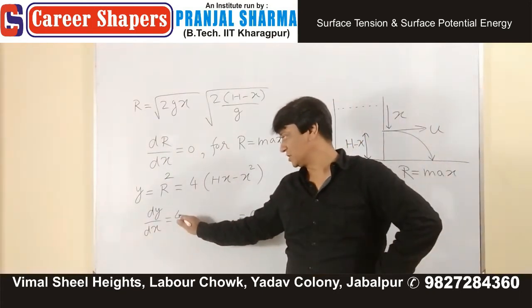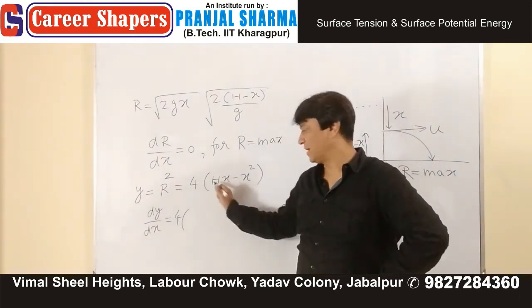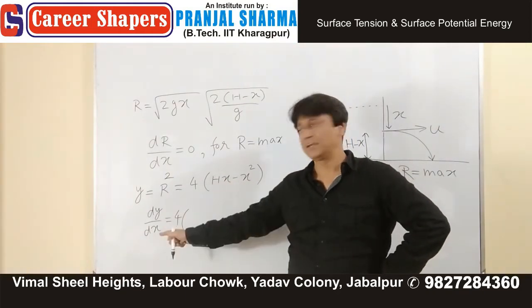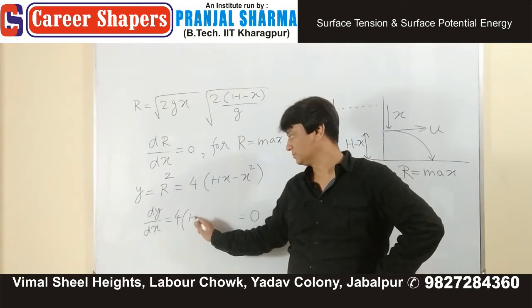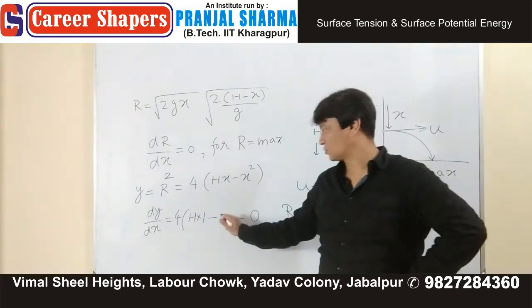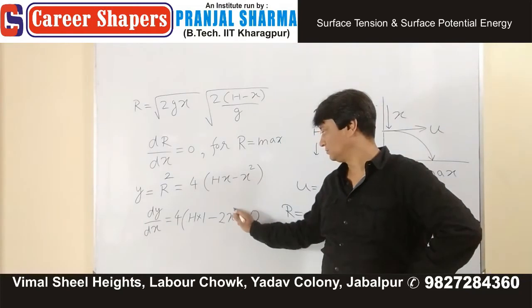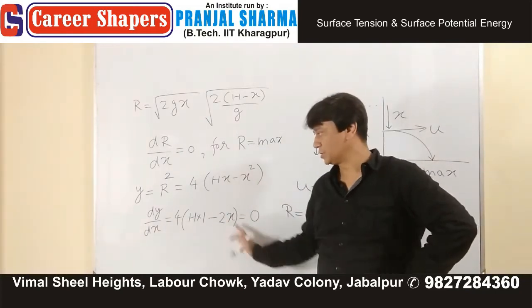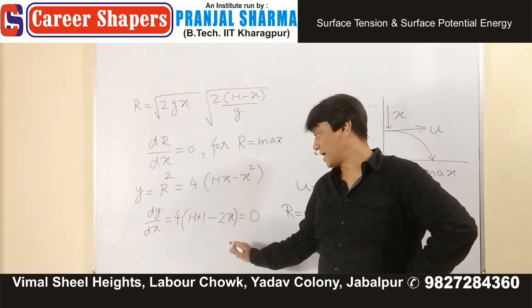Let's differentiate this part. What is differentiation of hx? H is a constant. Differentiation of x with respect to x is what? 1. So you got h into 1. Differentiation of x square is what? 2x. And when is this thing 0? When the bracket is 0. And when is the bracket 0?